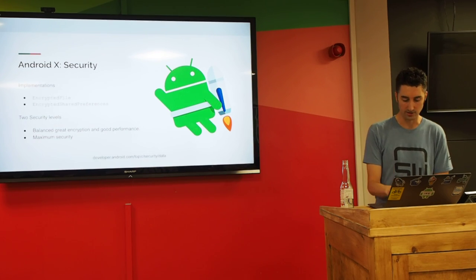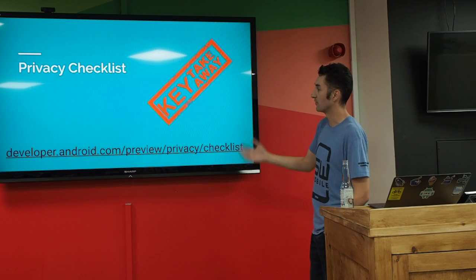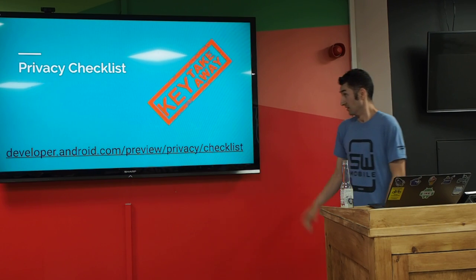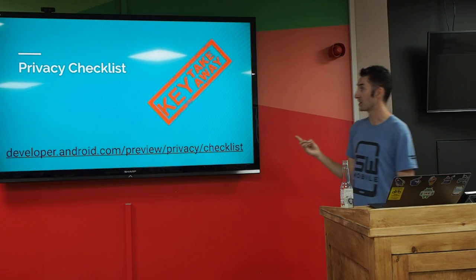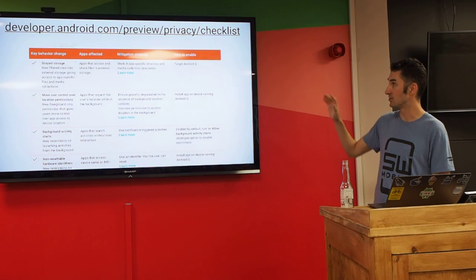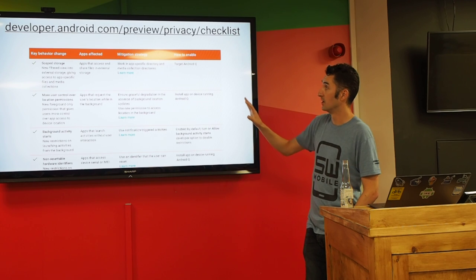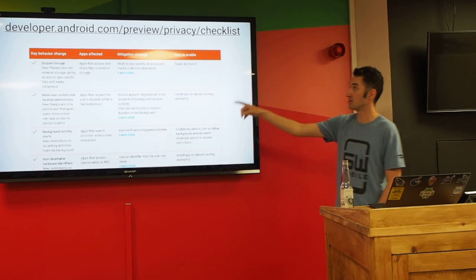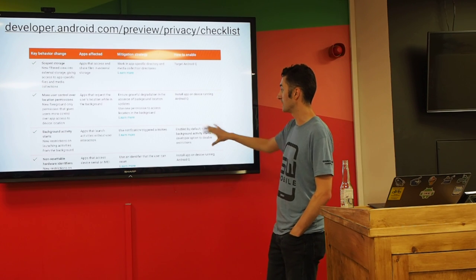And just lastly, if there's just one thing you take away as an Android developer, or as someone in a team of other developers, it's the privacy checklist. It's just a table like this, and it goes over some of the stuff I've talked about tonight, but it covers the key change, how your app is affected, the mitigation strategy, and how to enable or disable it.